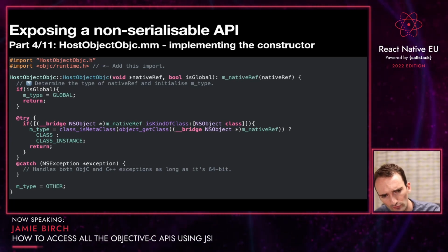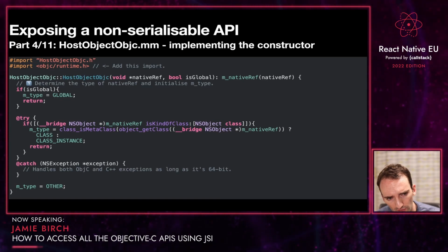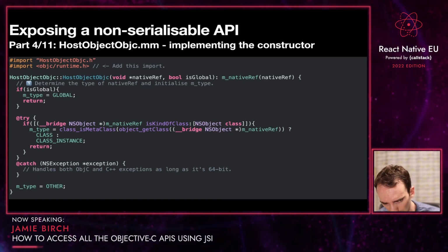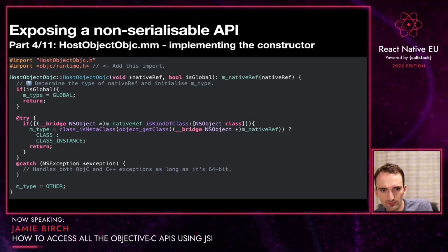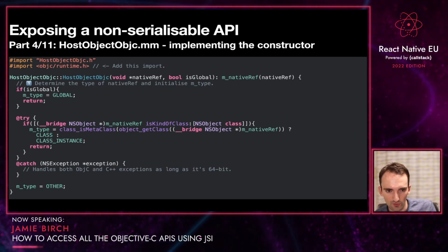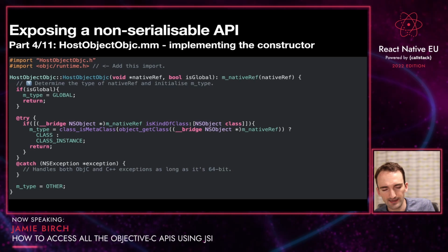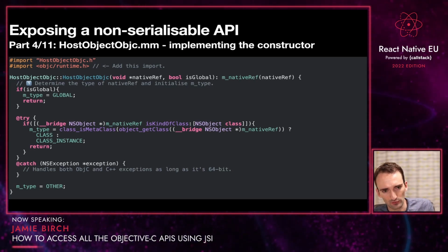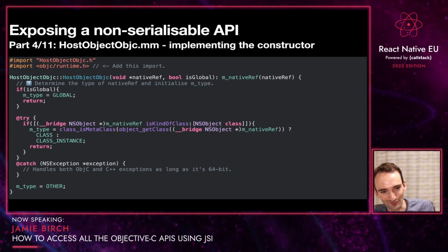You'll notice also we're doing that cast to bridge NS object. So the native ref came in as a void pointer. If we're going to call an NS object method on it, we need to say, well, you're an NS object, is the going assumption.